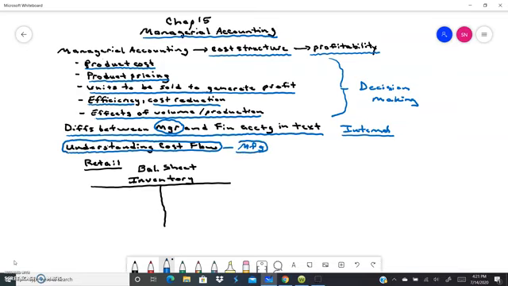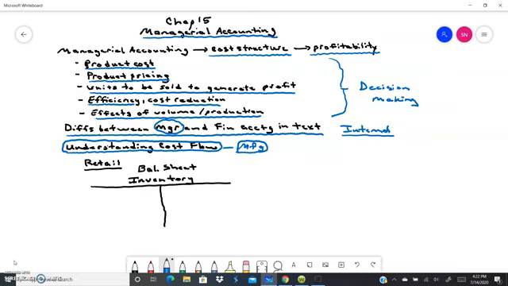Okay, so different than a service or a retail business, but in a manufacturing environment, how do the costs work in terms of flowing through the inventory accounts and into cost of goods sold? And so this chapter really establishes the groundwork so that we can understand how costs are accumulated in a manufacturing firm.